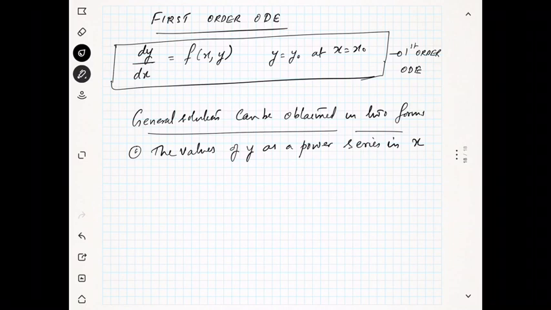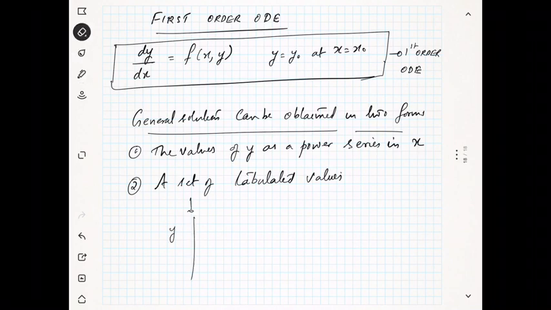Then another procedure is to get it by using a set of tabulated values. What do you mean by this? The solution is nothing but, for a value of x, what is y.